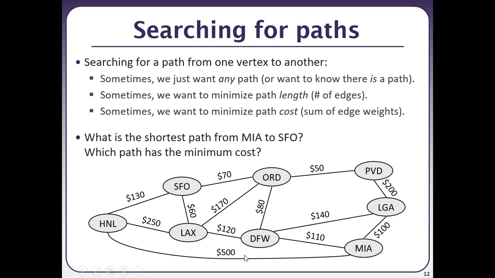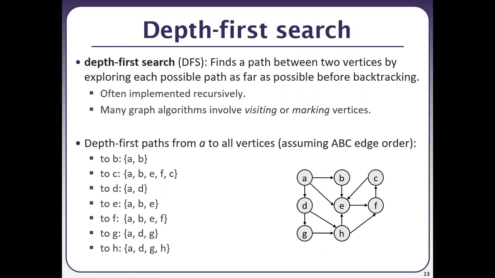If you go through this other path, 70 plus 80, that is SFO to ORD to DFW, totally 150. So comparatively, $150 will be the shortest path. So finding the shortest path is a very big task in a graph data structure.